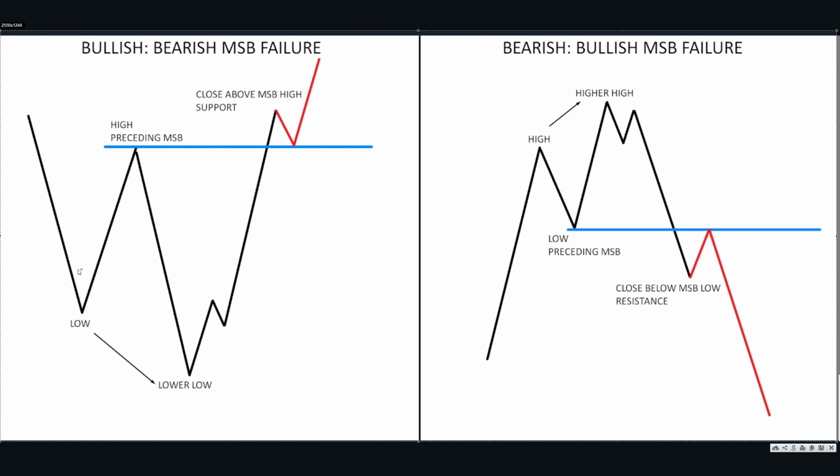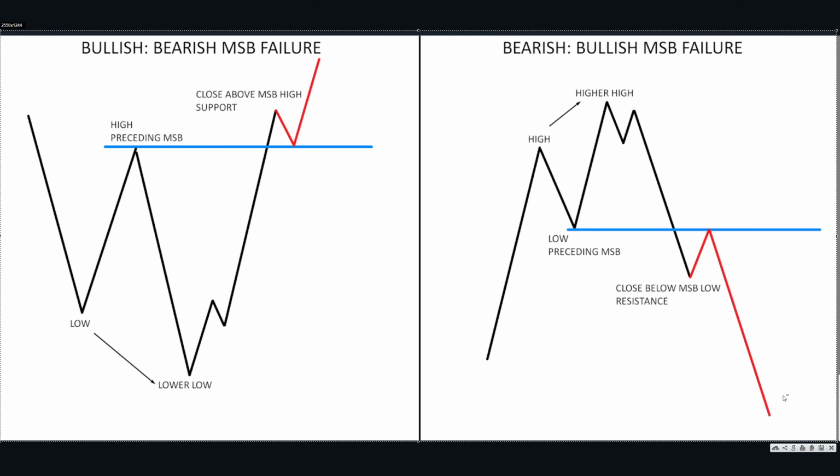But the reason this is reversal is because of the preceding context in the form of a market structure break in the other direction, right? So this is a bullish breakout, but it's happening after a bearish breakdown. So you've got really positive price action after a bear trap.